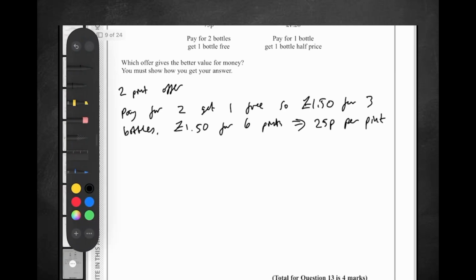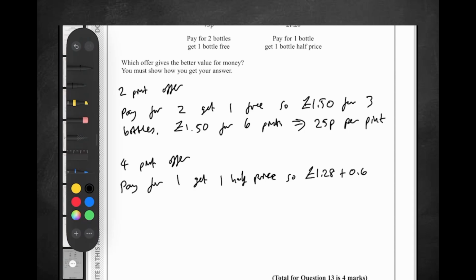And then the 4-pint offer is pay for 1, get 1 half price. So what it's going to be is £1.28 plus 64p, which I'll just put in my calculator, £1.92, as that is the full price of one and half price of the second one.